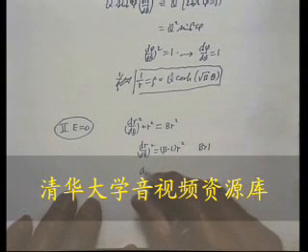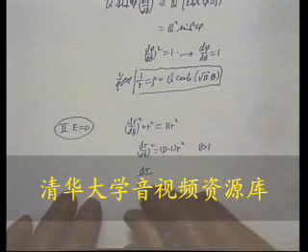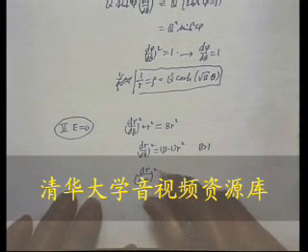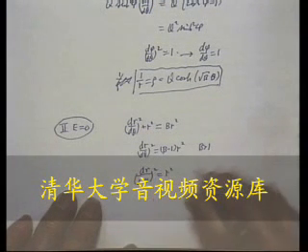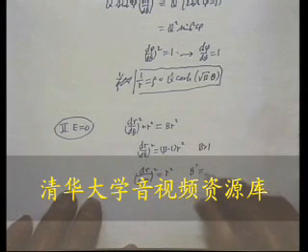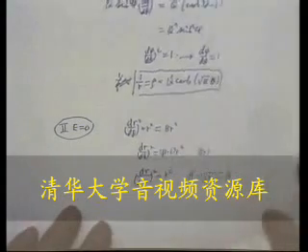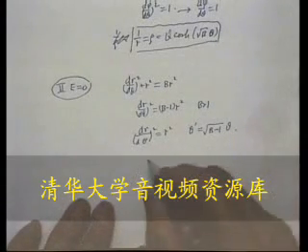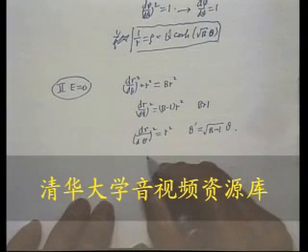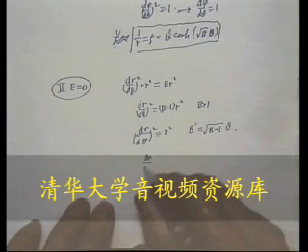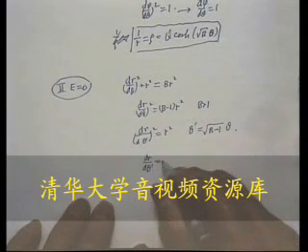So we get dr d theta prime squared is equal to r squared, where theta prime is equal to square root of b minus 1 times theta. So dr d theta prime is equal to r.